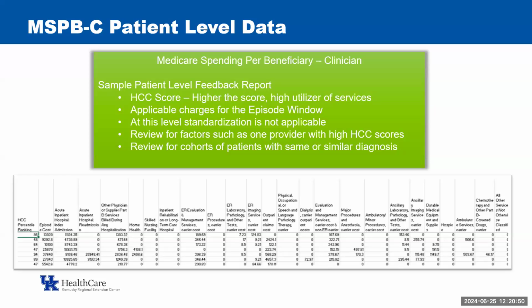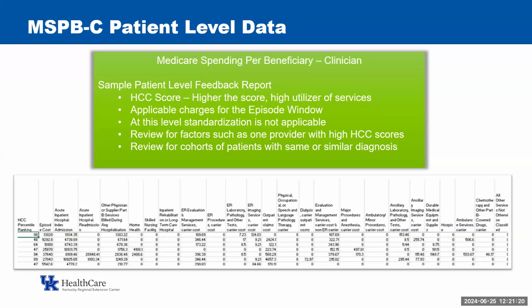It could be imaging, skilled nursing, outpatient claims, all of those different areas that could roll up into that episode window. It's going to show any of those associated charges for that window, and so you can see all those different categories across. I know that the font's really small, but we just wanted to give you an example of how it crosses both the inpatient and the ambulatory realm.